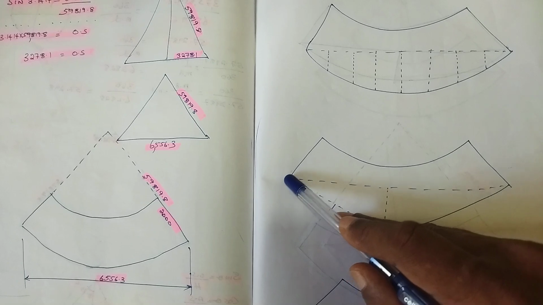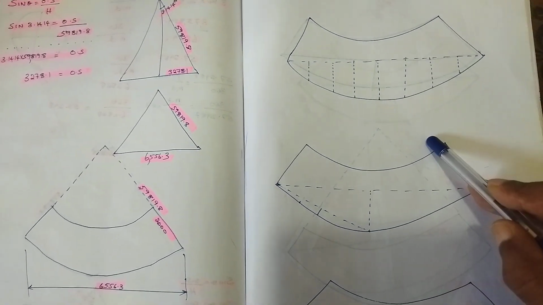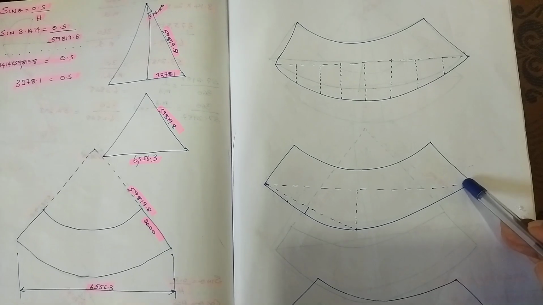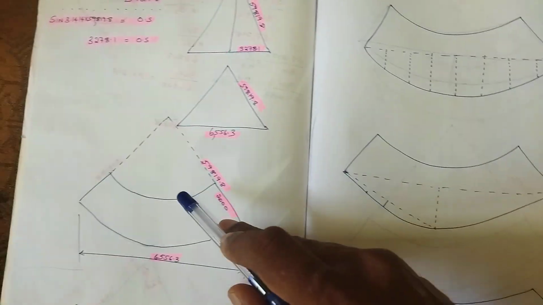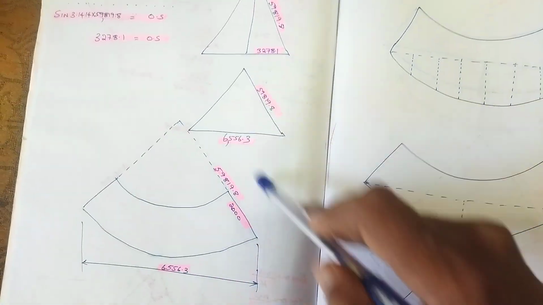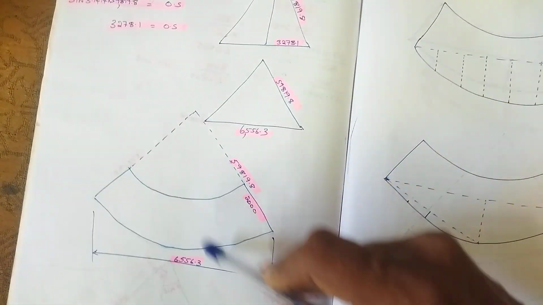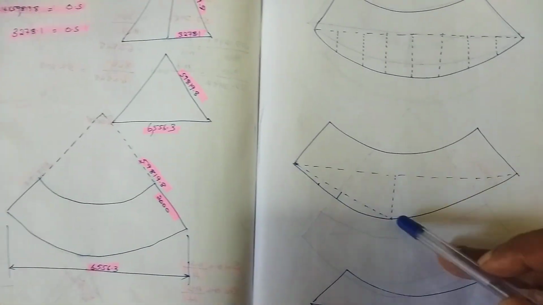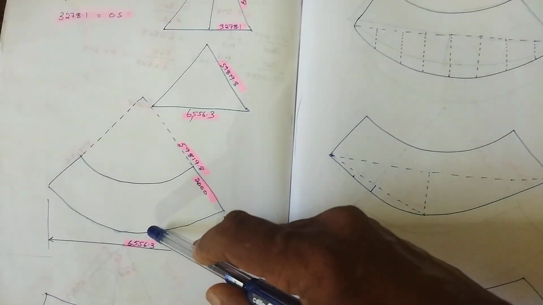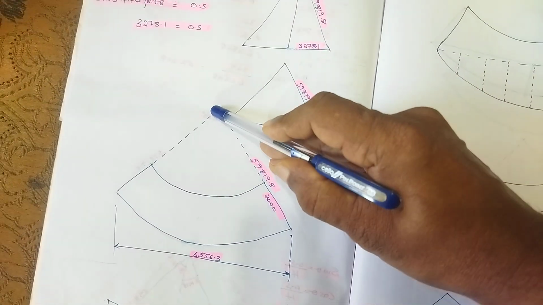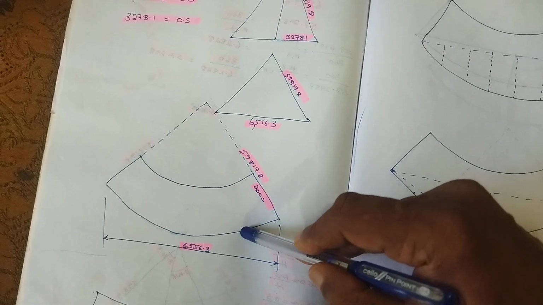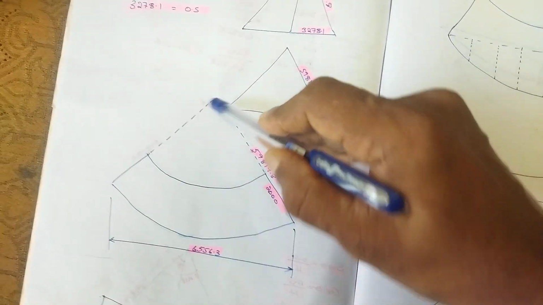This is one line and this is the second line. This one will reach here and this one will reach here, like this. And this portion, I have indicated it here. This portion also will reach here. If we make another line from here, that line also will reach here.